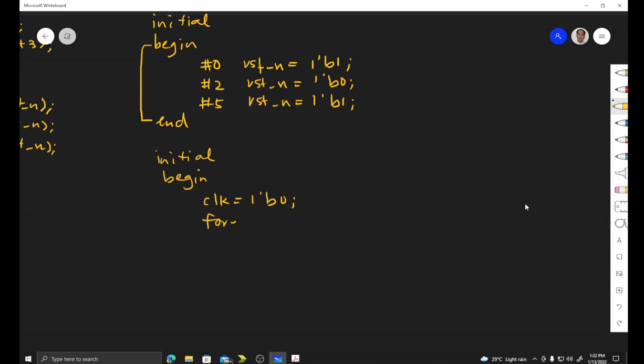Then let's say a 10 microsecond delay, and the clock toggles. So this is our clock, and that gives us this wave.